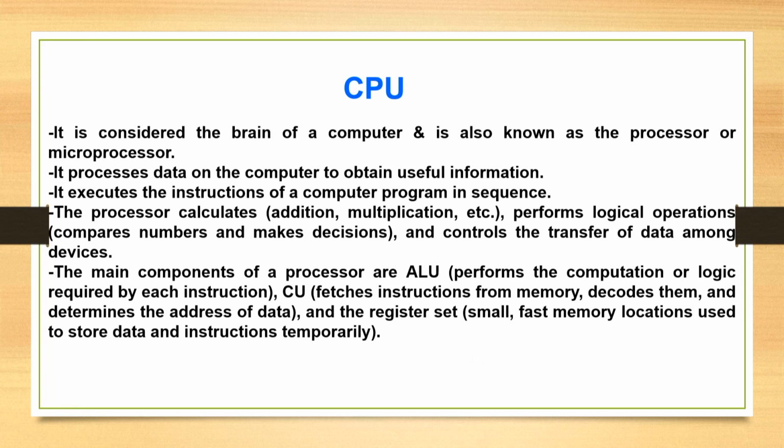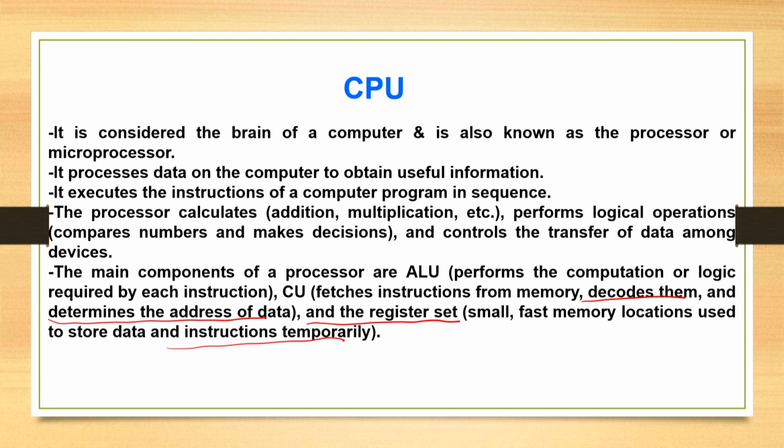Second one is the control unit, that is the CU, which fetches instructions from memory, decodes them, and determines the address of data. Another component is the register set. It is a small fast memory location where the data is stored, and that data can be accessed quickly by the CPU.